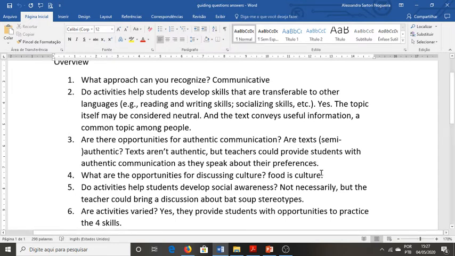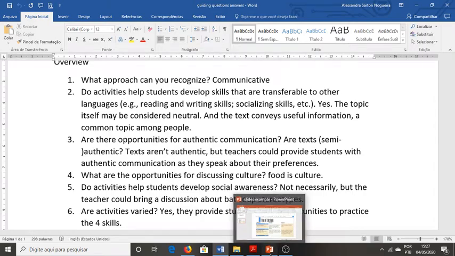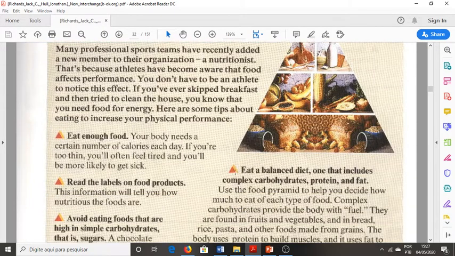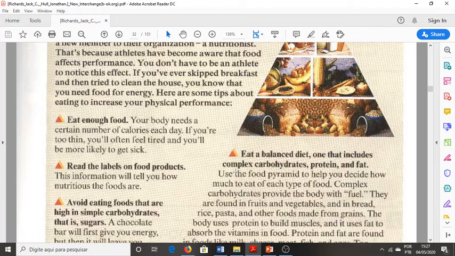So are they authentic or semi-authentic texts? My answer is that they aren't authentic, but teachers could provide students with authentic communication as they speak about their preferences. So the texts here, they seem to be created for the textbook.